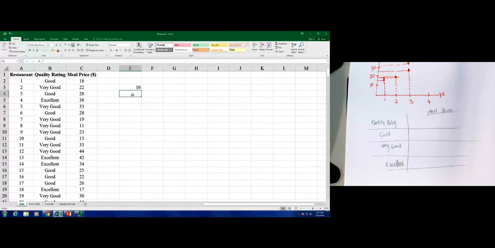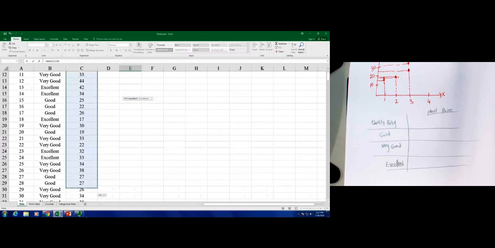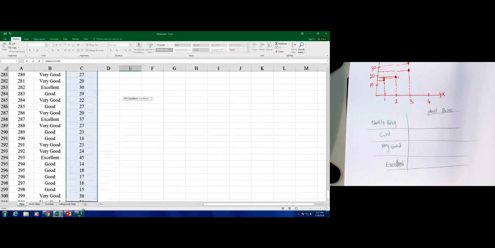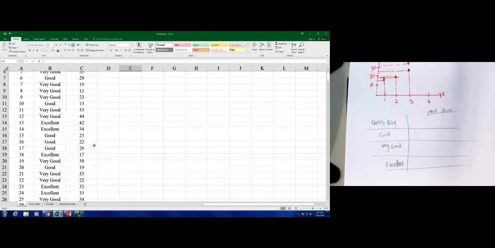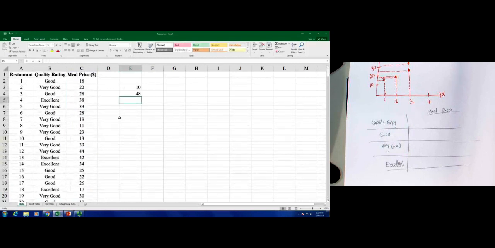Minimum is $10 and the maximum meal price is $48.